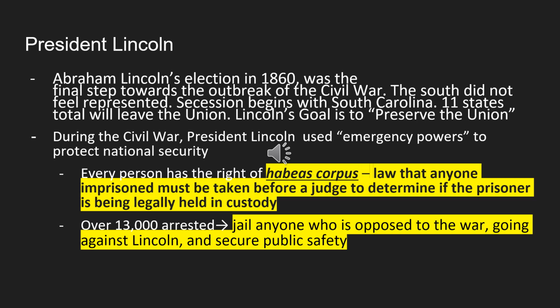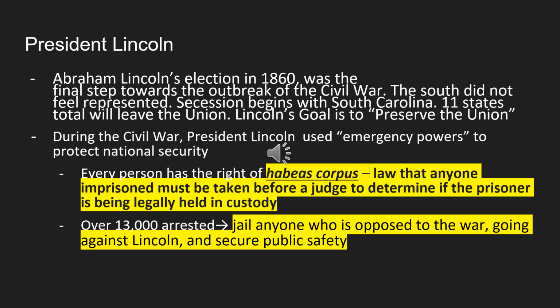Now, in order to accomplish that goal, he's going to expand presidential power. The first way he's going to do this is he's going to suspend the writ of habeas corpus. What this means is you don't need a trial, you don't need to be taken before a judge, you can just be imprisoned. That's it.